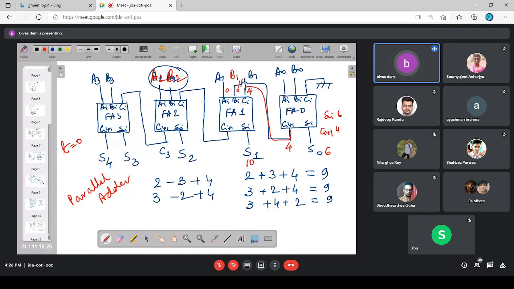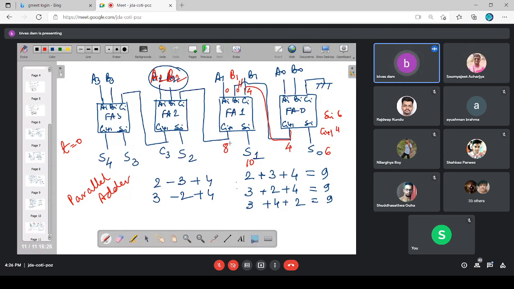What about Ci plus 1? Sorry, it is C2. 8 nanoseconds.